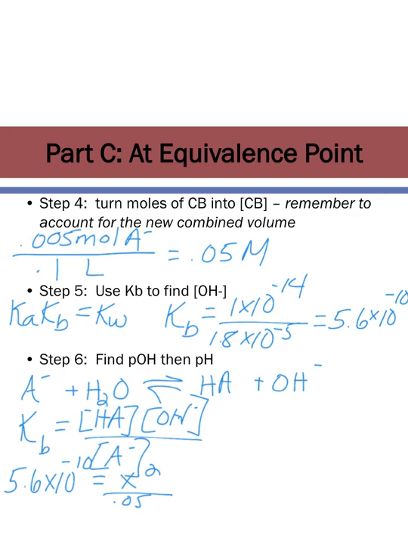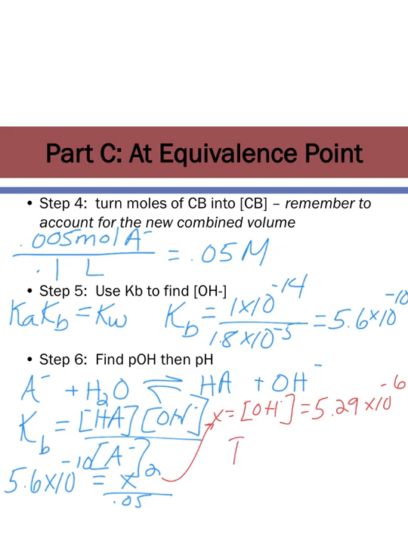Then we will have to take the square root of that. And we get X, which is equal to the OH minus, so from up there, has a value of 5.29 times 10 to the negative 6.